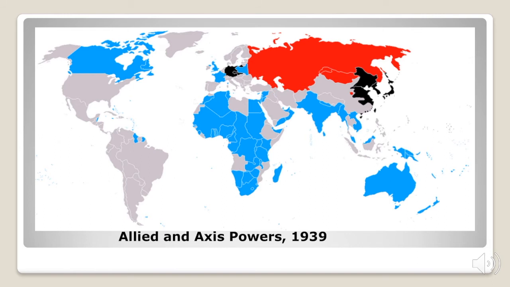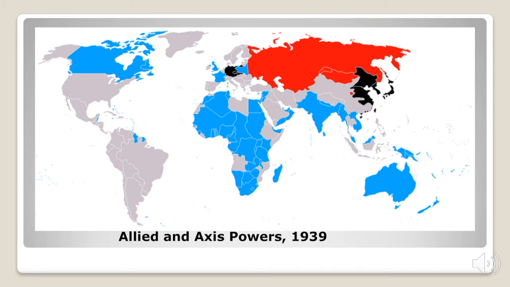And so the Axis powers are Japan and Germany and some allies. And obviously the Soviet Union is there, and the Soviet Union signed her non-aggression pact with Germany, so they're not involved. But all of the blue that you see are Britain and France and their colonies.